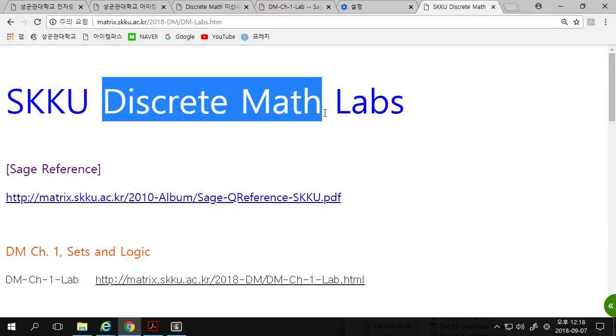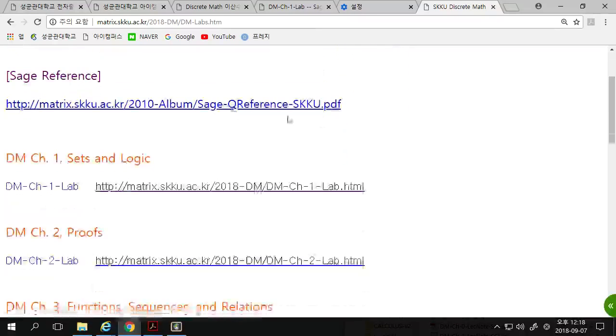we also have a state-of-the-art discrete math laboratory here.